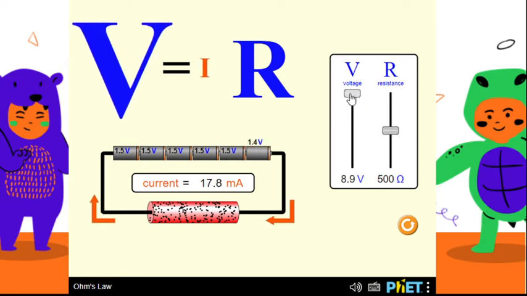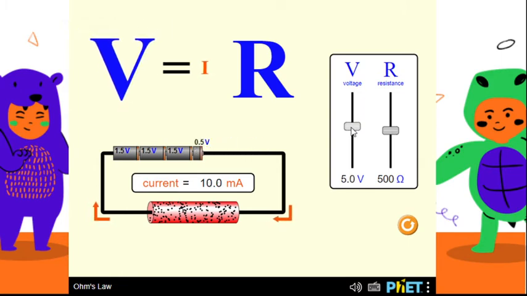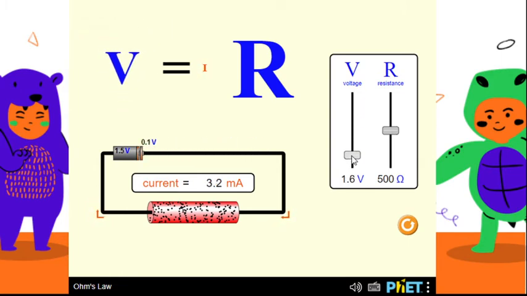What happened to the current? Now, we're going to decrease the voltage. What happened to its current? Now, let us try the resistance.